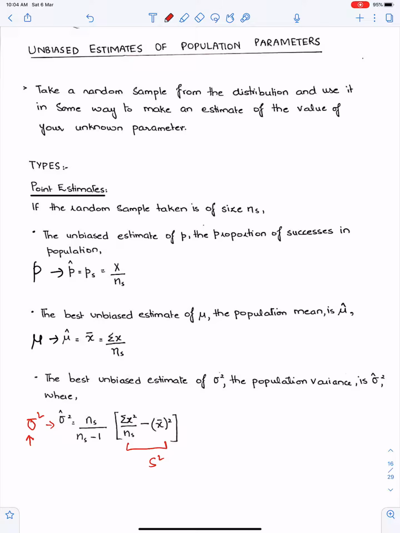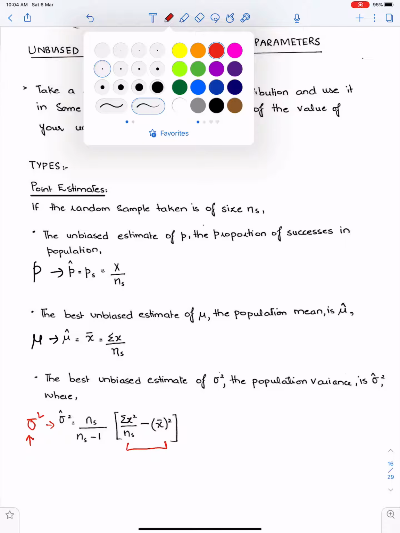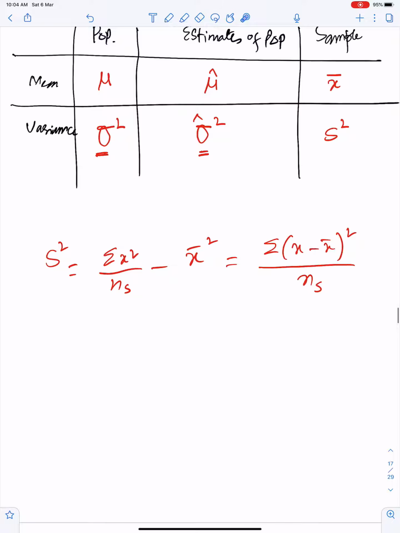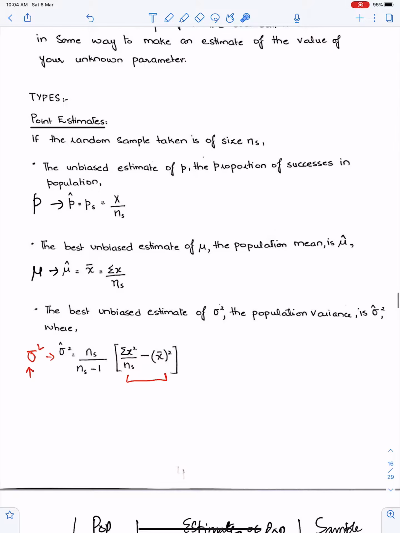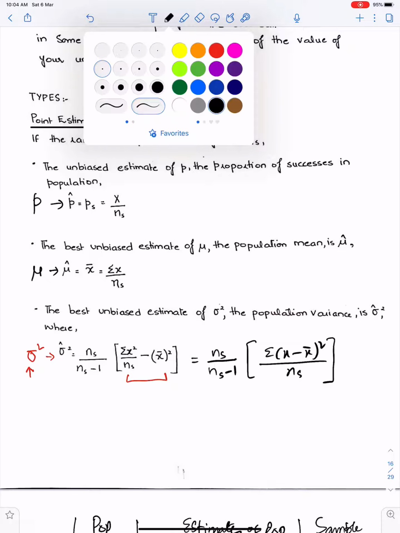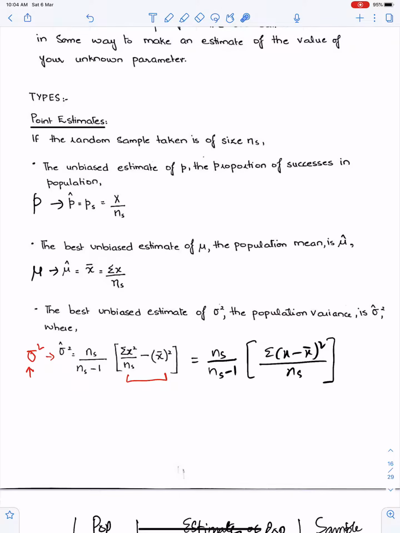You can also use this formula here. Since we have two formulas of s square, we can use this formula as well: ns over ns minus 1, sigma x minus x bar whole square over ns. So we have two formulas for sigma cap square.